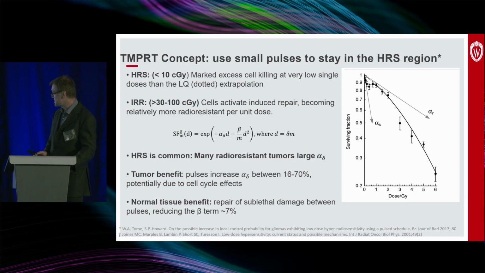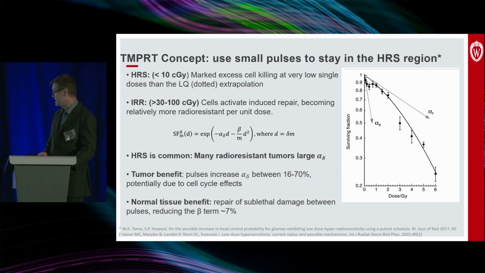The dotted line is the projection of the linear quadratic model, versus the surviving fraction. And you see this dip that occurs at low doses, an unaccounted for increase in cell kill that seems to exist for many different kinds of tumor cells at low doses.